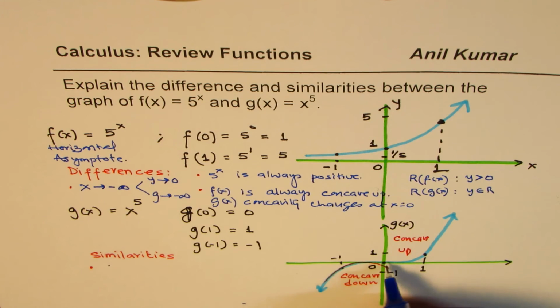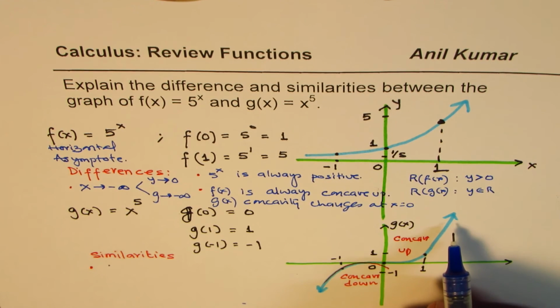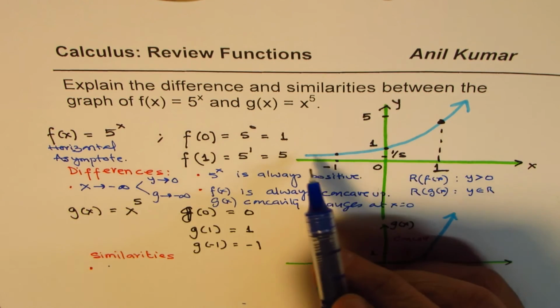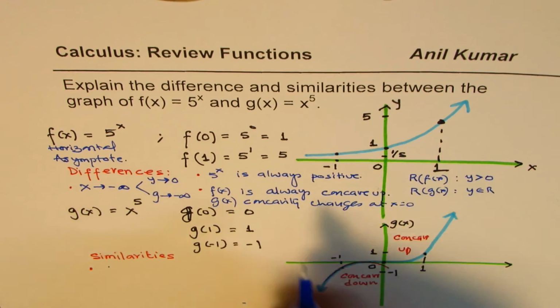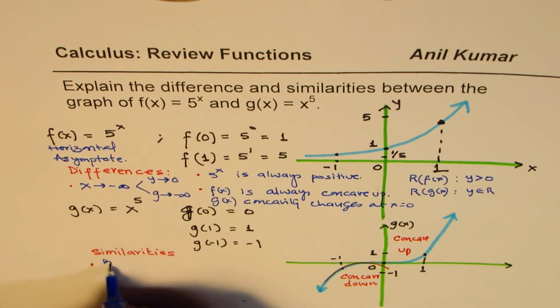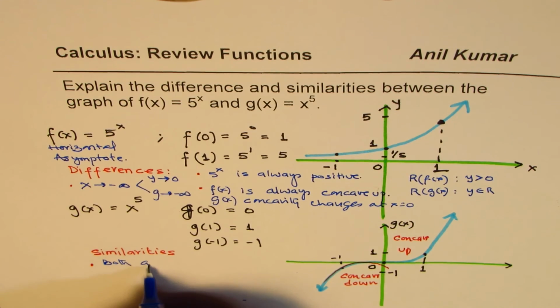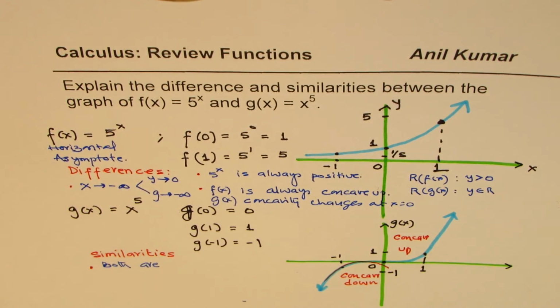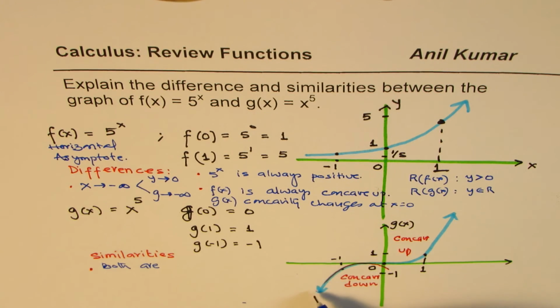What you really see is both the functions are actually increasing, right? So if you draw a tangent line, the slope is never negative. It is positive, 0, positive. Here it is always positive, right? So what we see here is both functions have positive, non-negative slope, right? So the slope is never negative.